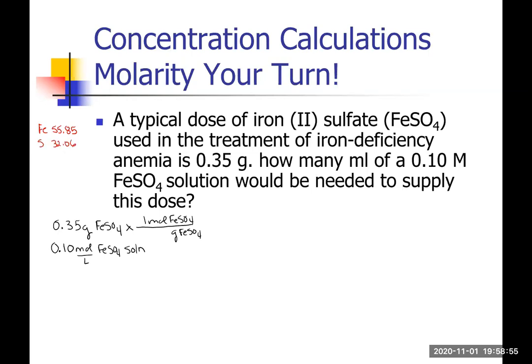I know that there are 4 oxygens, and so that is 16 times 4, which gives me 64, and then I add all of this together. And I get 151.91 atomic mass units, which now is also grams per mole.